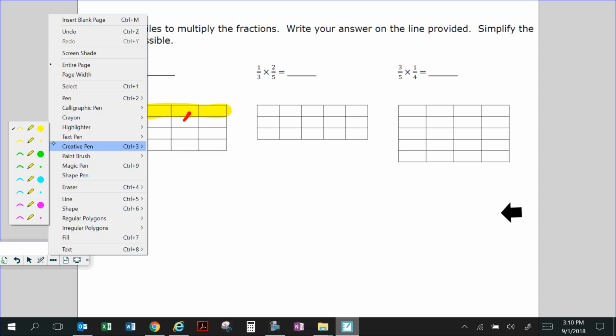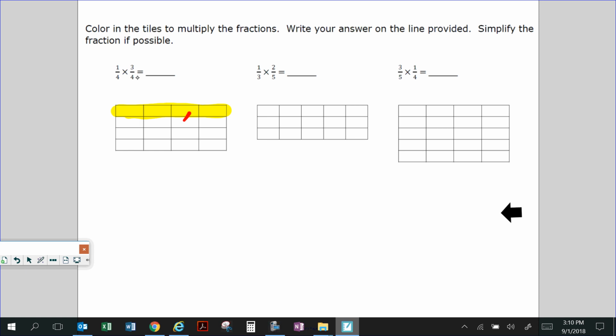Now I need to shade in 3/4, going vertically. So these are 1 column, 2 column, 3 column, 4 column. I need to shade in 3 of the 4 columns. What fraction of this grid overlaps, or is shaded twice?